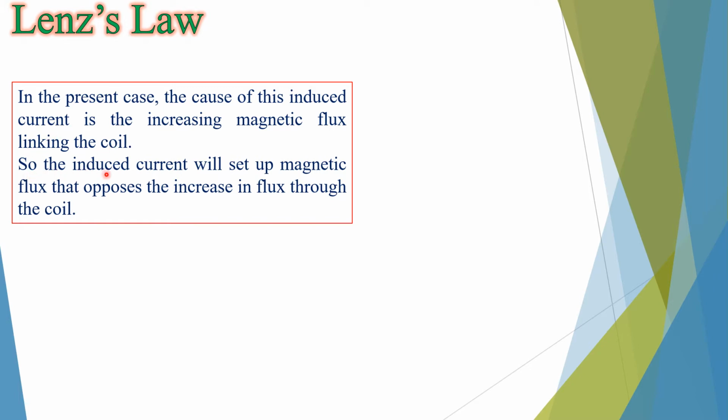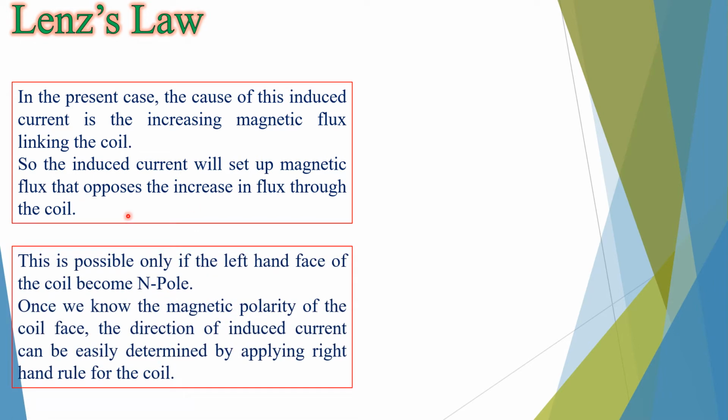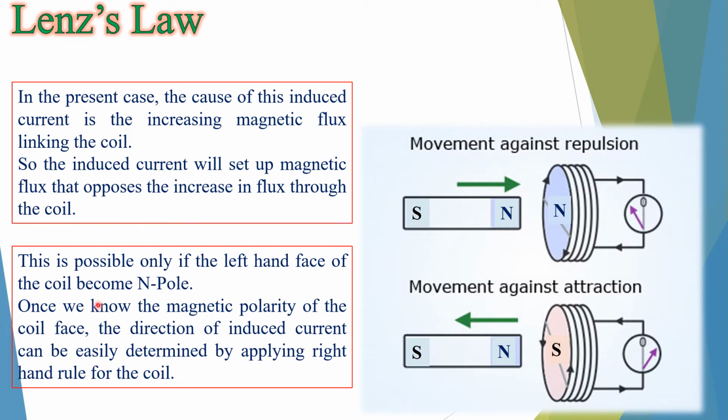So the induced current will set up magnetic flux that opposes the increase in the flux through the coil. This is possible only if the left hand face of the coil becomes a north pole, because then it will repel this magnet.